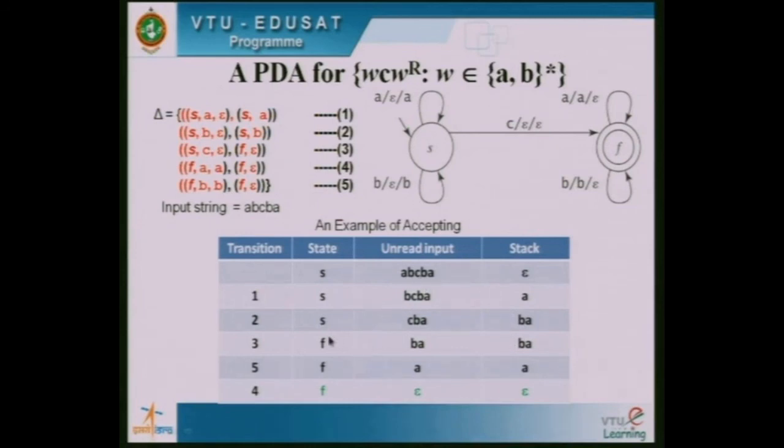When you come across C, just change the state from S to F. Now F, B, B: the input is B, the topmost element of the stack is B, then it is popped. I am left with F, A. Similarly, F, input is A, stack is A, both are the same, then pop, and finally we have reached the final state. Input string is empty and stack is empty, hence the string is accepted.